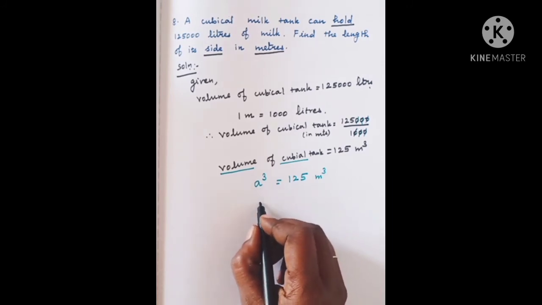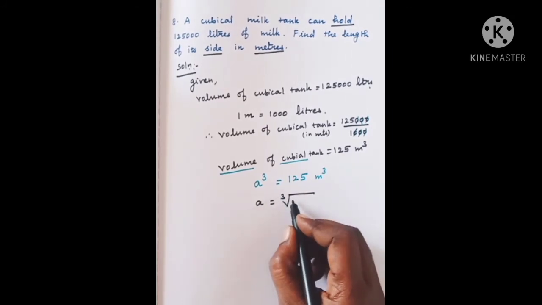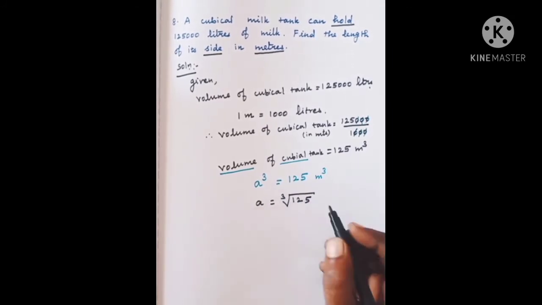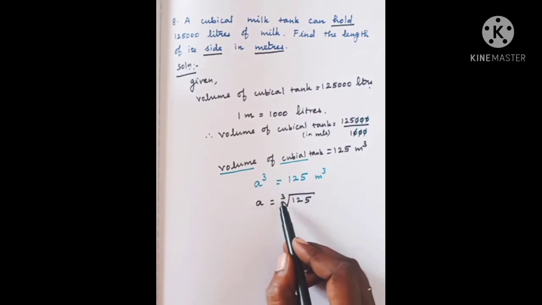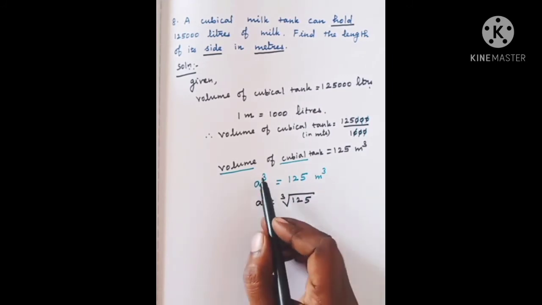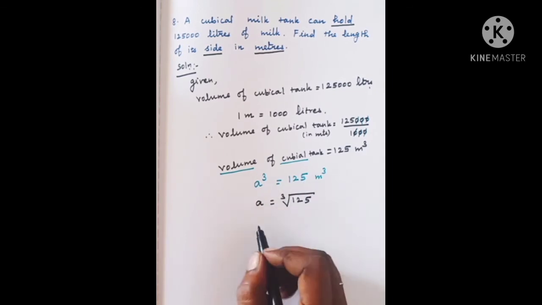Okay. So A is equal to cube root of 125. Taking cube roots, you will get A is equal to cube root of 125. This 3 will go to the other side and become the cube root.